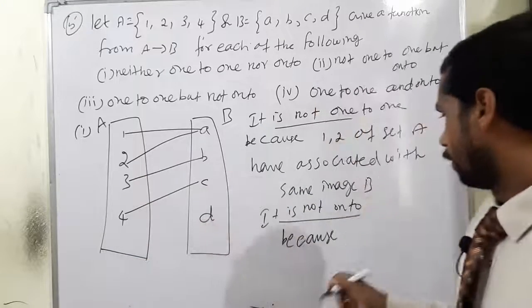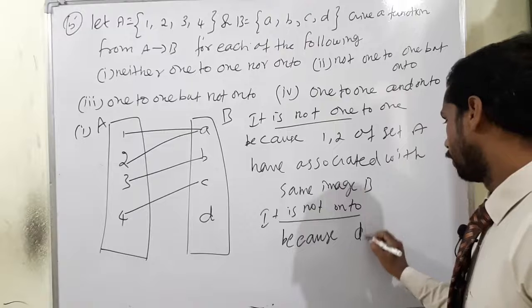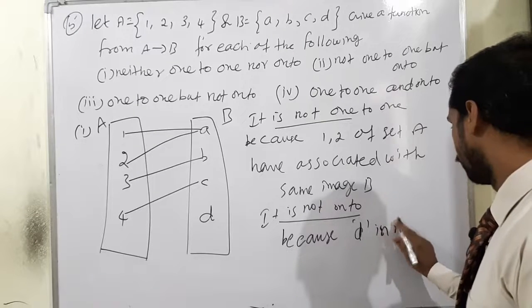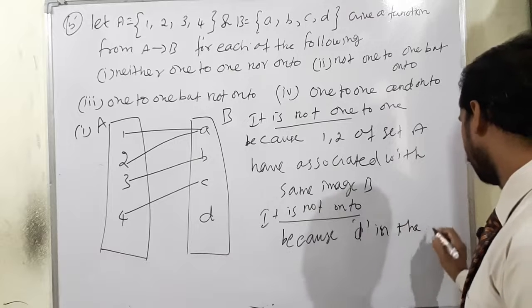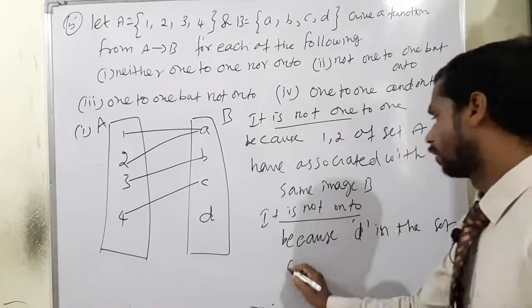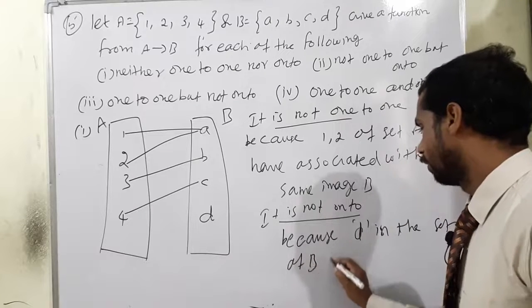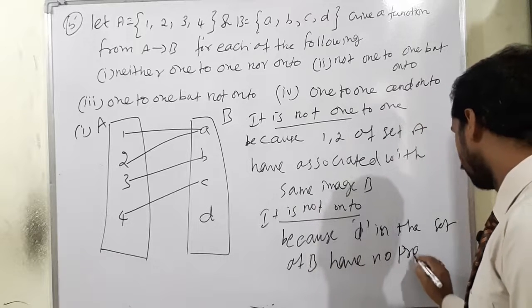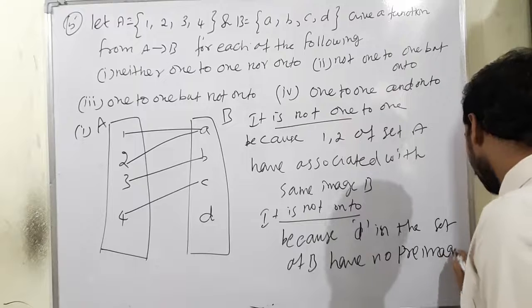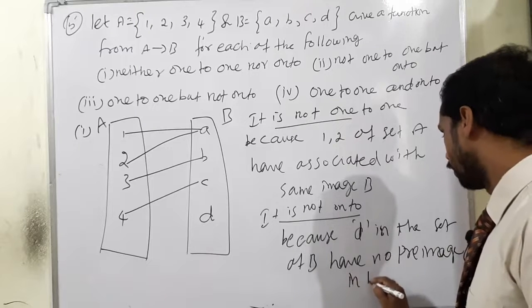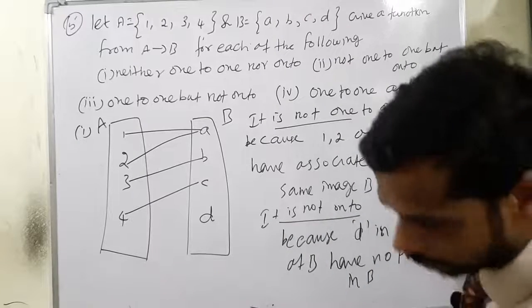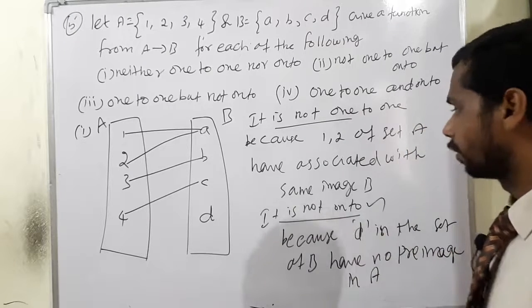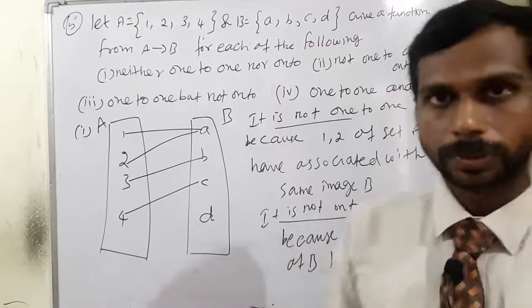Here D in the set B has no pre-image in set A, isn't it? That's why we are saying it is not onto. I'm moving to subdivision 2.